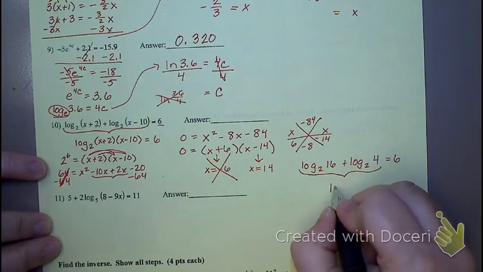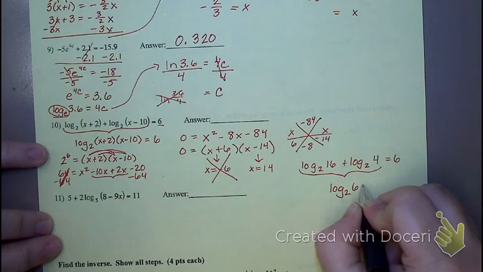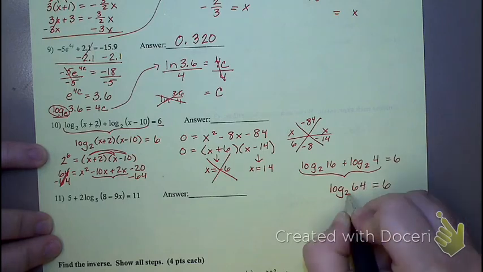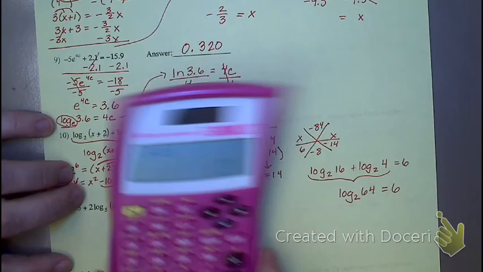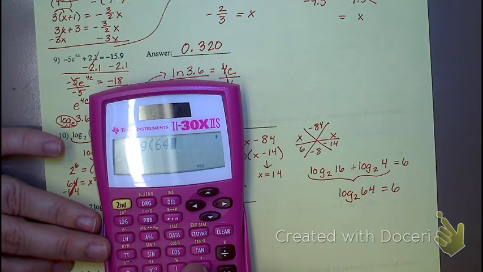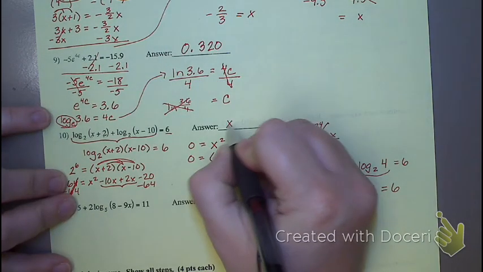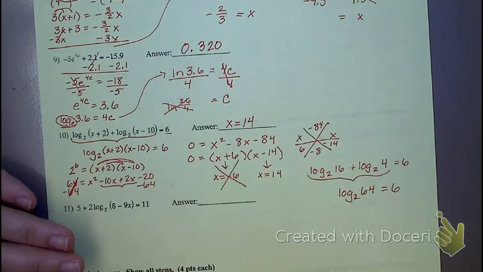If I were to condense those, what is 16 times 4? 64. Does log base 2 of 64 equal 6? Well, I can use my change of base if I want to. Log of 64 divided by log of 2. Yes, it does equal 6. So x equals 14 is my only valid answer there.